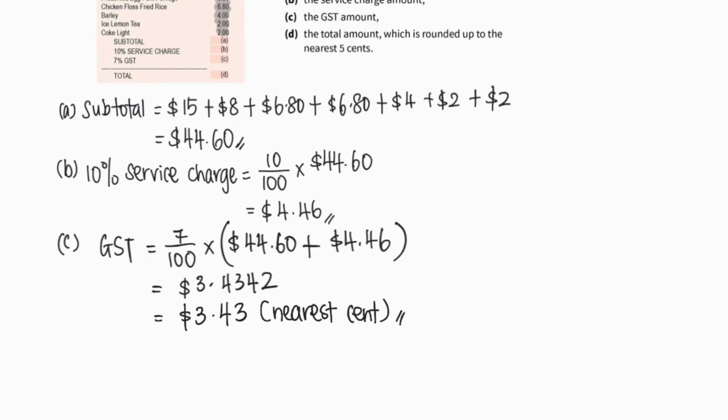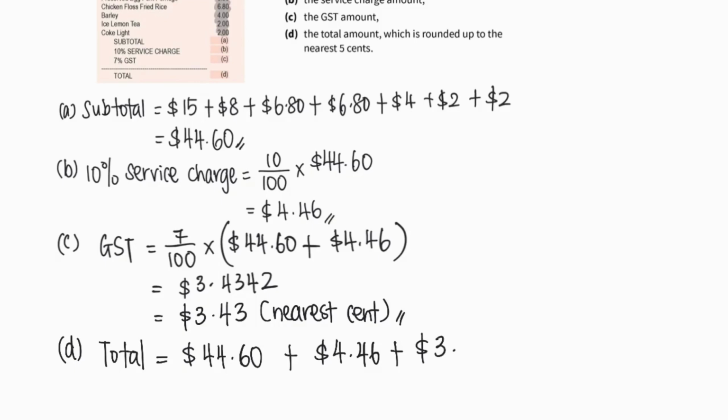And the grand total means add everything out. $44.60. I need to add the service. I also need to add the GST, and do take note, because this is part of the working, I don't use the rounded off value.